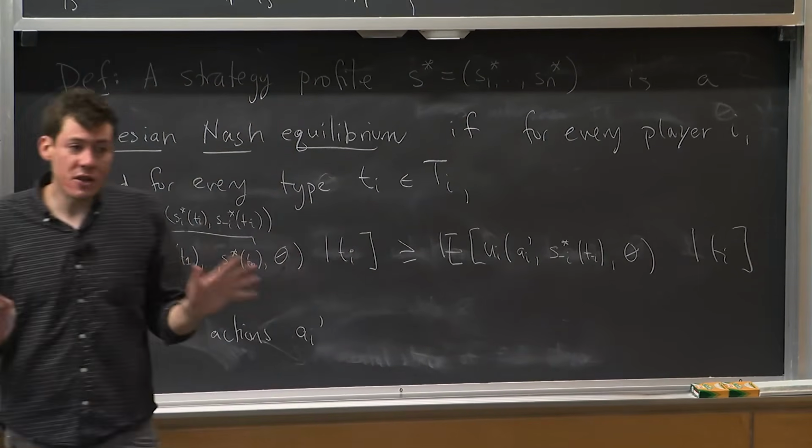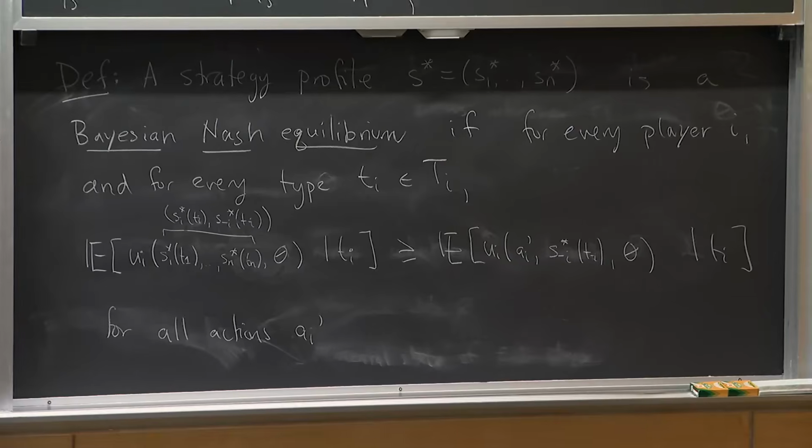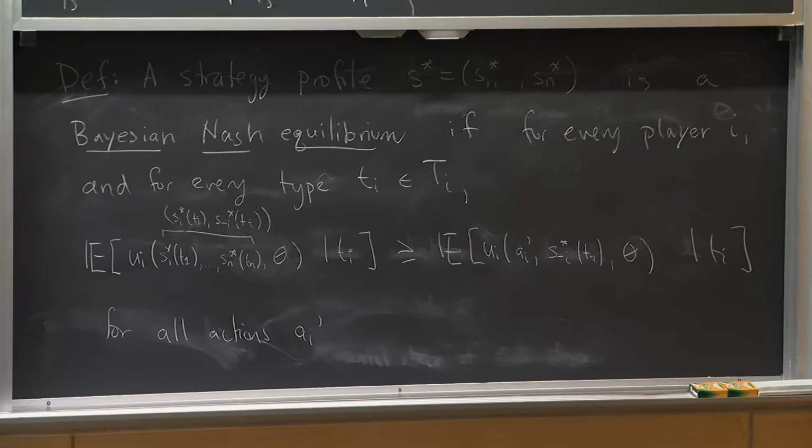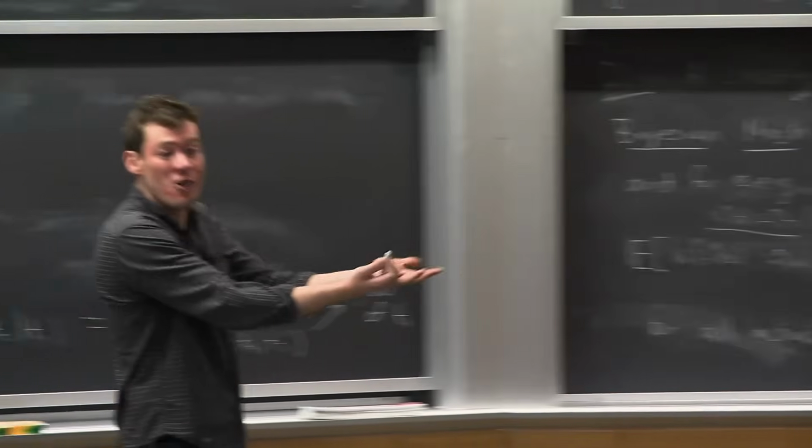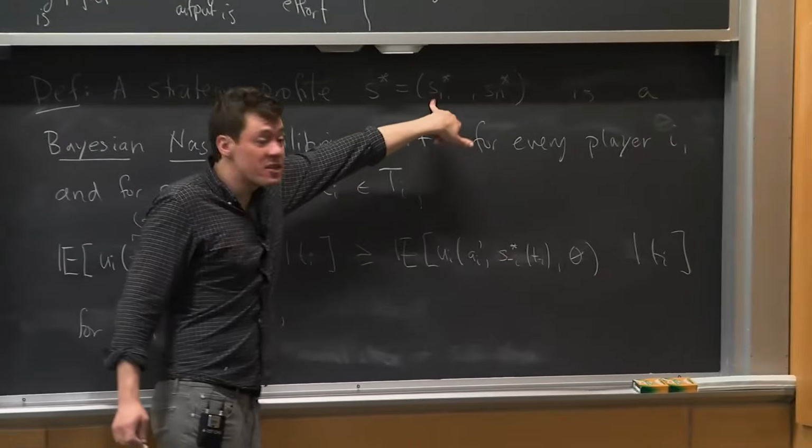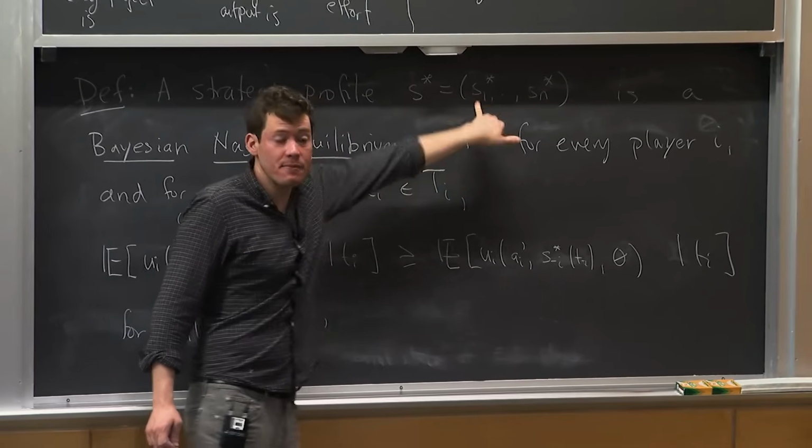So one is, why is a strategy a function from my type to my action? It's because the only thing I know is my type. So the only thing that my action can depend on is my own type. It can't depend on things I don't observe. Just like in poker, my strategy can't be bet if my hand is higher than the other person's, because I don't know his hand, right? Of course, that would be a great strategy, but it's not a legitimate strategy because I don't know what the other player's hand is. So that's why S1 star is defined as a function of player 1's type only.